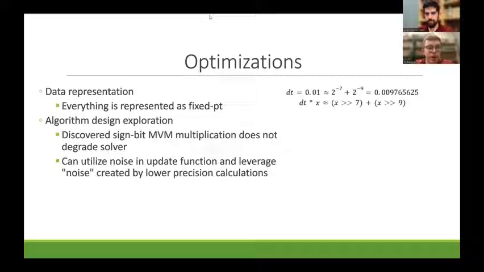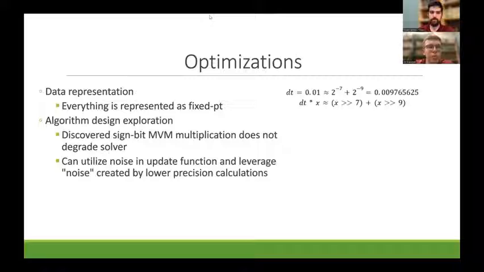So one of the things that we found in our Python simulation was that doing only signed bit matrix vector multiplication does not significantly degrade the solver solutions. And so particularly in the FPGA implementation, this is a huge benefit, because it converts what was previously a multiplication into basically just a mux and an adder.